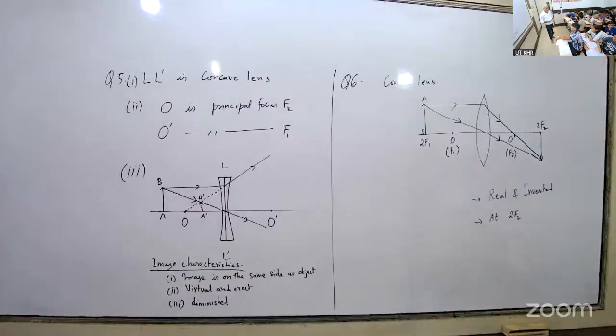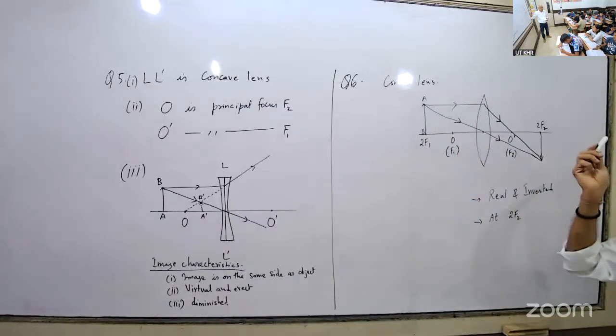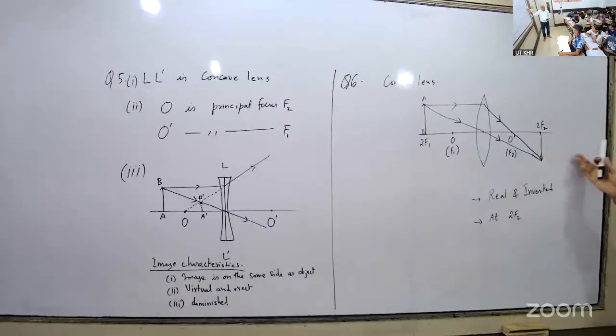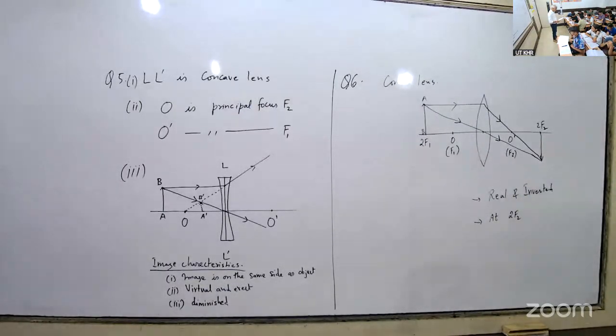So how will it be formed? Magnified or how? It will not be magnified, he says. When the same size is formed here, if it comes further it will be magnified. If it goes beyond this, it will be magnified. Up to here it will not be magnified. Beyond this it will be magnified. Okay? Measure and record the distance of the image from the optical center of the lens. So in measure and record, what will you say? You will say image beyond 2F2. So you have to practice these questions to really be able to answer.